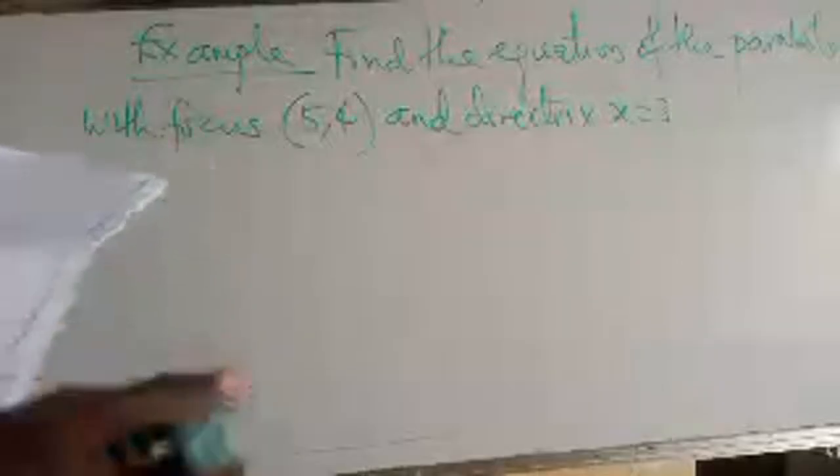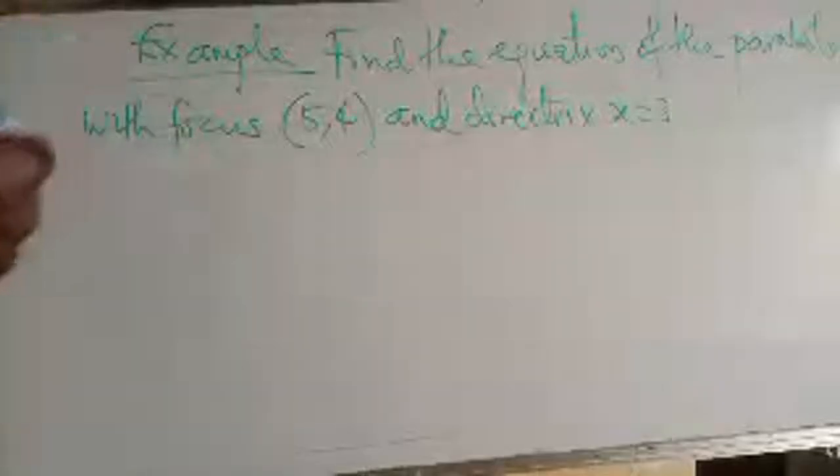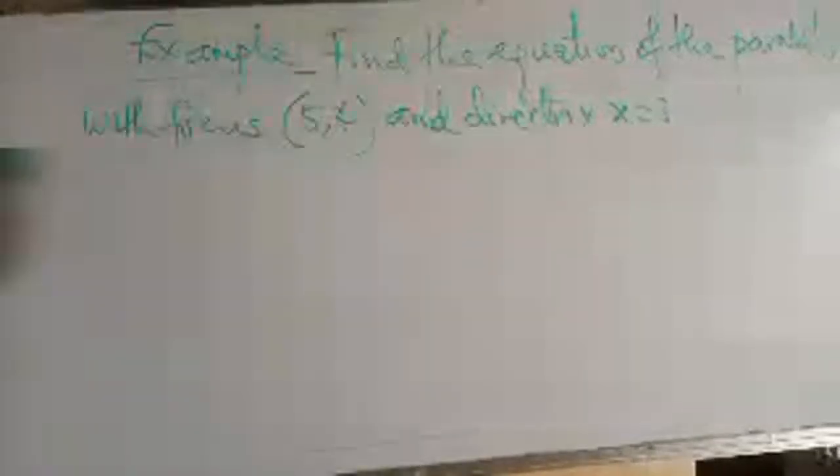Now, if you look at the way we derived our formula, we said (x minus a) squared plus y squared, which is (y minus y1) squared, is equal to (x plus a) all squared.